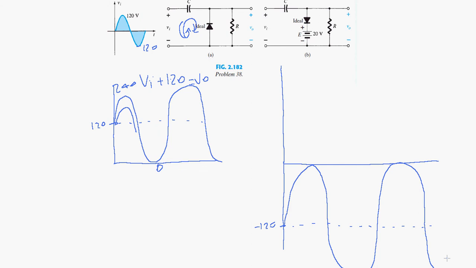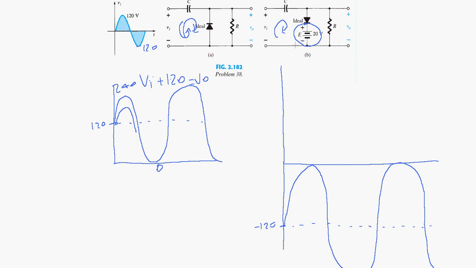But here notice that you have a voltage source with the plus side on top. So if you look here, the capacitor, when this is in this direction, or actually sorry, it's in the opposite direction, so the capacitor will charge when the voltage is in this direction. So it will charge to 120 minus 20, so that's minus 100.